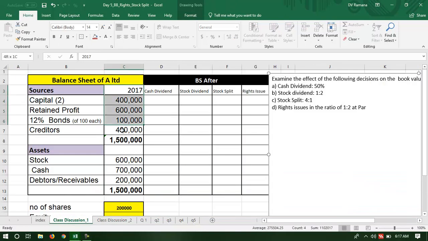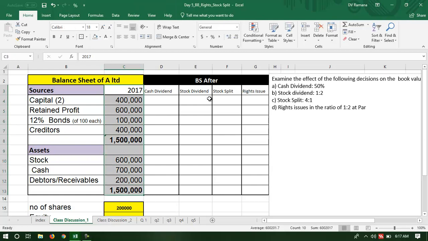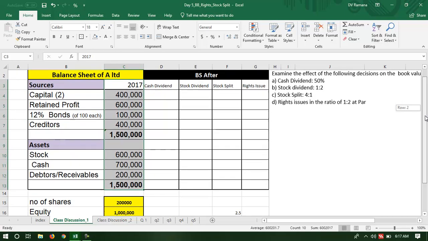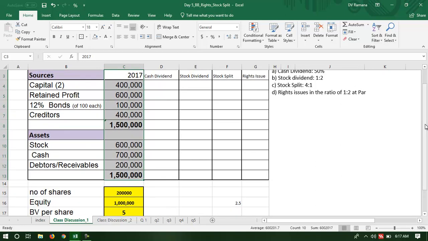So a balance sheet is given, an opening balance sheet, and we will examine how the stock dividend, cash dividend and stock split and rights issue will affect the balance sheet. In the process, we'll understand the impact of these decisions on the book value per share.